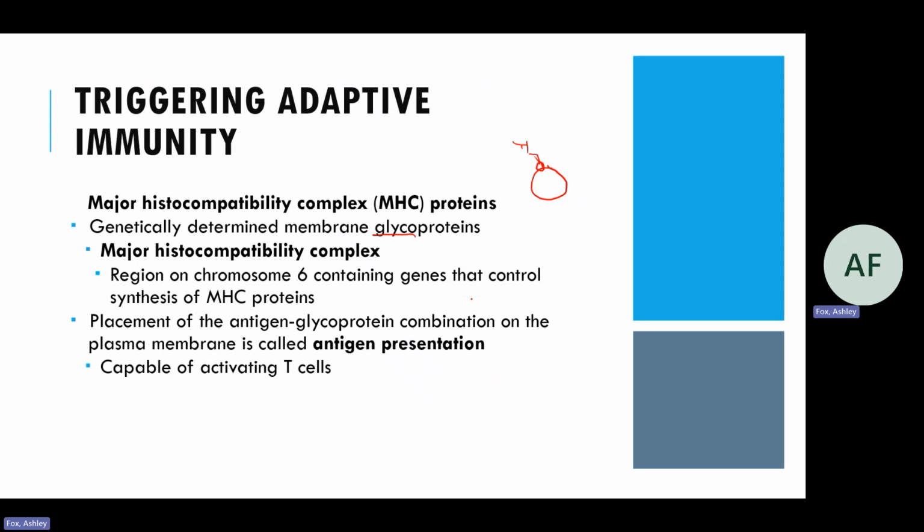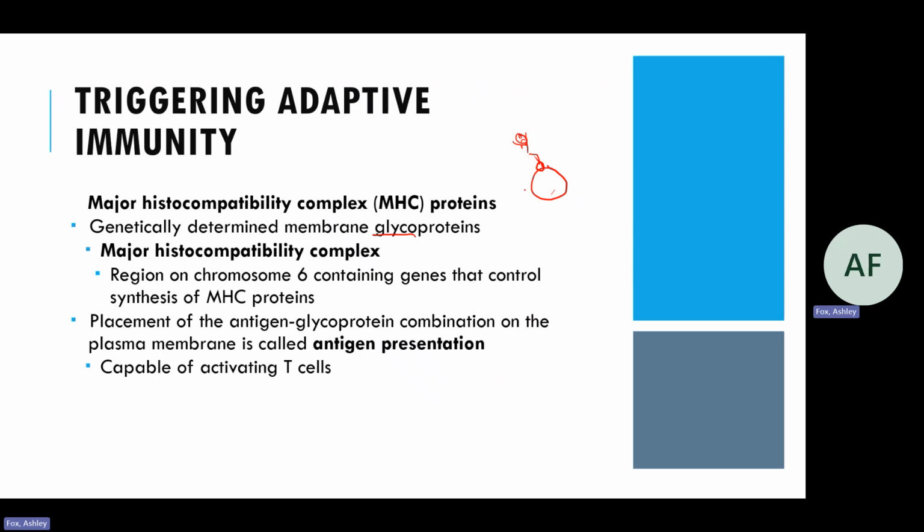So it's going to be a receptor. If all of a sudden there's an antigen here, say a phagocyte has come in and processed an antigen, or the cell is infected, it's going to present part or the entirety of the antigen.